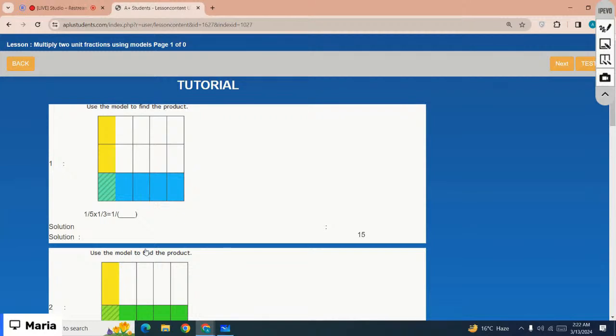So you have to multiply 1 over 5 times 1 over 3. So which is the correct option? You have only one portion that has two colors, right? So that would be 1 divided by 15. The correct option is 1 over 15.